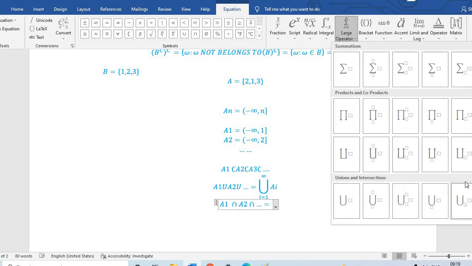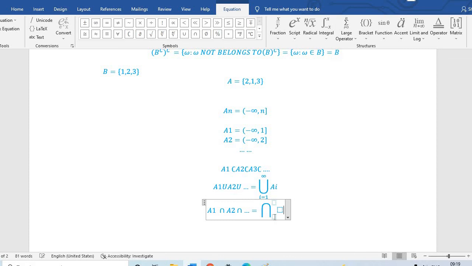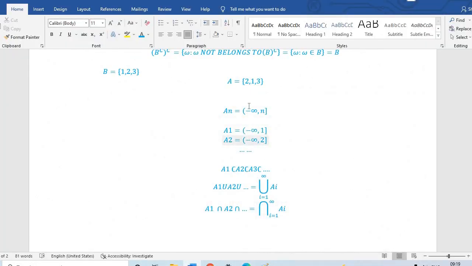The arbitrary ആണ്. That is arbitrary intersection. That is also possible. Within the arbitrary union, there is an example.